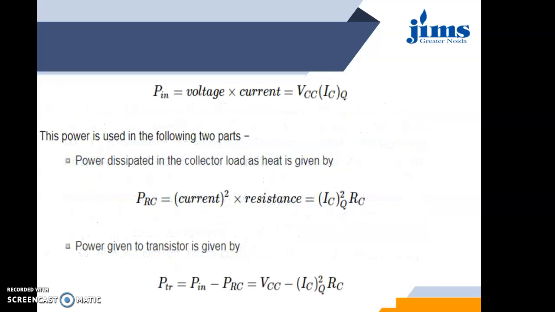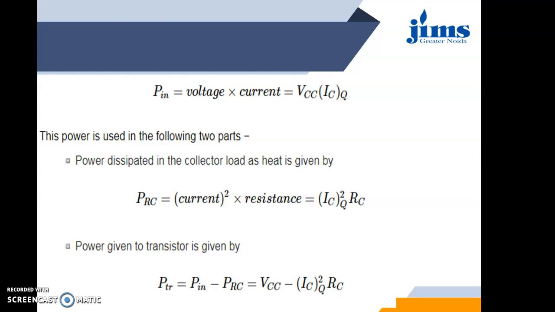Now we have to talk about its power conversion efficiency, and to find that, firstly we should know the different powers into which the power gets divided and what the total output useful power will be. The very first thing is the DC input power obtained from the supply battery VCC. It is given as VCC into ICQ, where ICQ is the operating current.